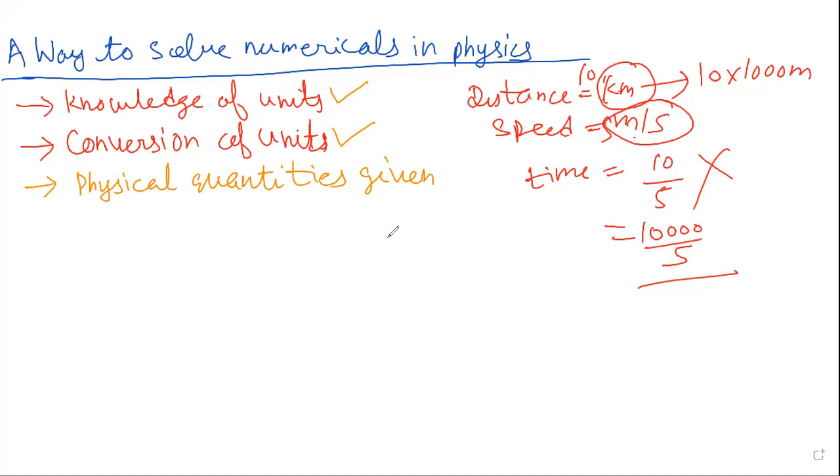Again, I'm coming back to the knowledge of units, because the physical quantity given will be understood only if you have knowledge of units. If it is kilometer, I can easily say it is distance. If it is meter per second, it is speed. And if it is second, it is time. Like this, physical quantities given.